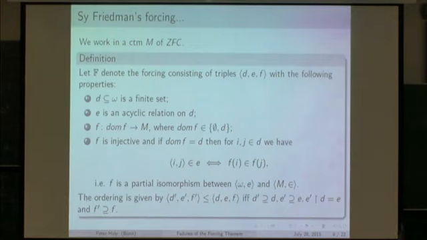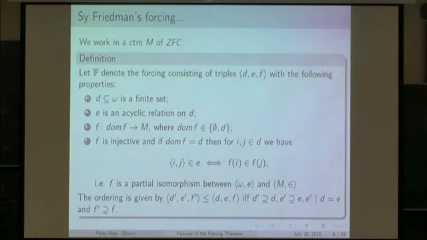And so now I'm coming to the counterexample for the forcing theorem. This counterexample is a forcing that was invented by Sy Friedman and never properly published. So let me give the definition. We work over a countable transitive model M of ZFC.